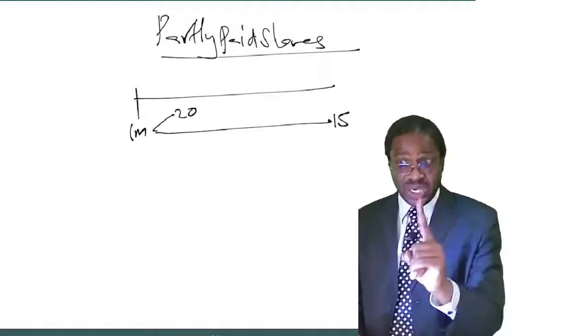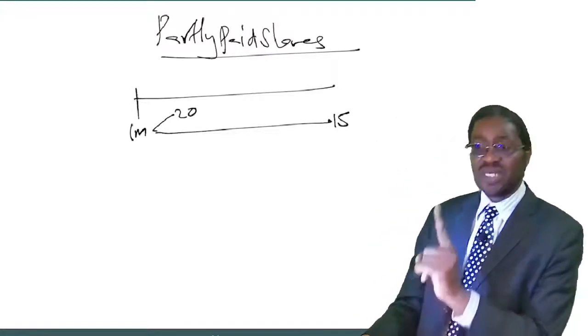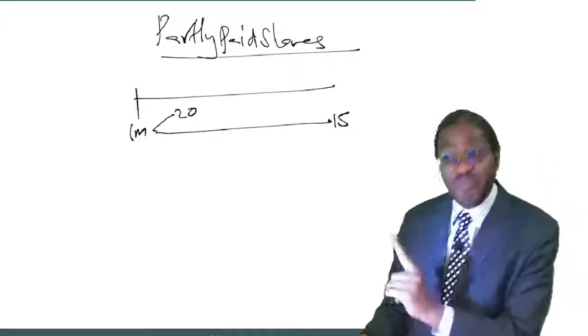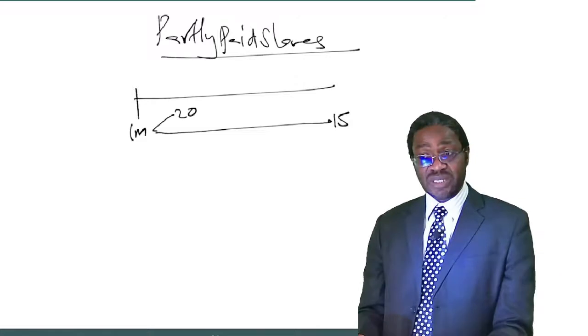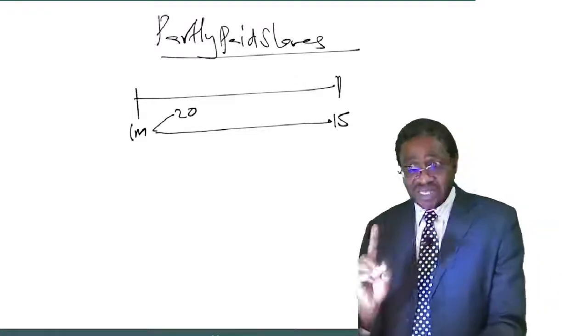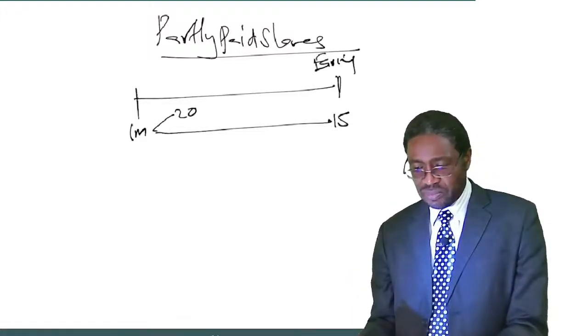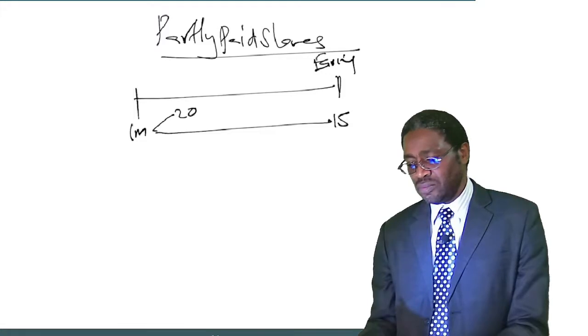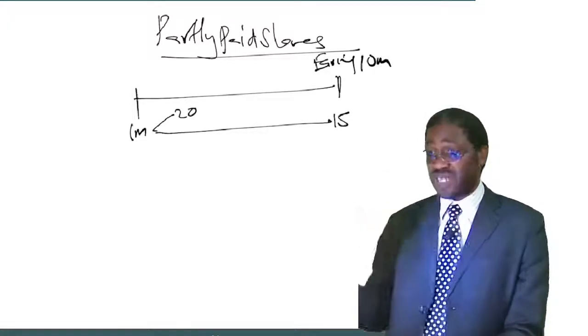We issued shares at a market price of 20, but the company was only paid 15 shillings. Assuming the earnings were again 10 million, the earnings attributable, that's the net profit after tax.